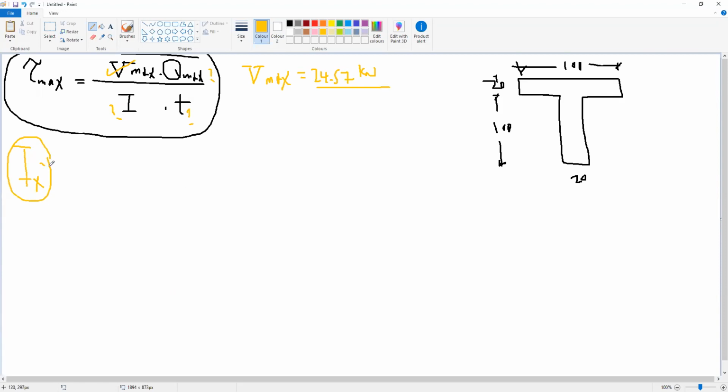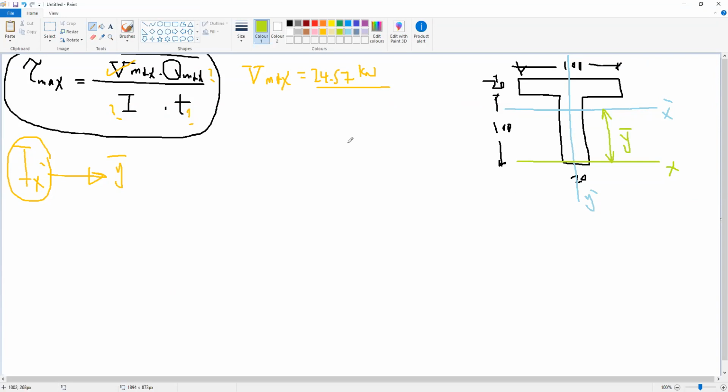How can we find I x dash? To find I x dash, we need to know the location of the centroid, y bar, because here only y is an axis of symmetry. This is y dash, but x is not in the middle, so we need to find x dash. To find x dash, we will assume a virtual or guide axis x, and the distance from x dash to x will be y bar.